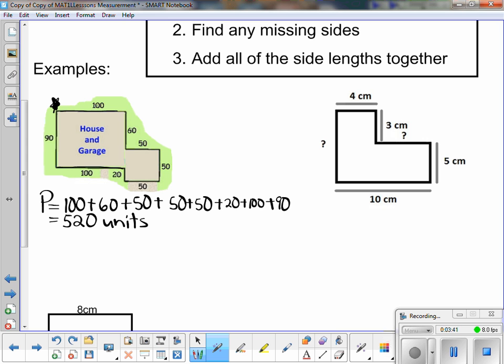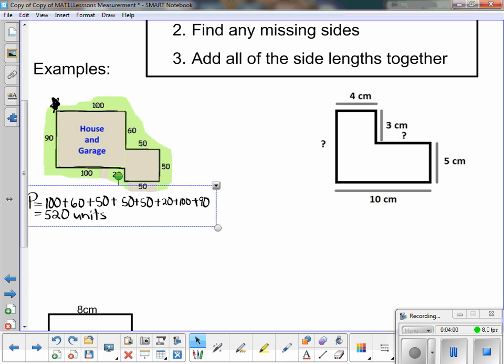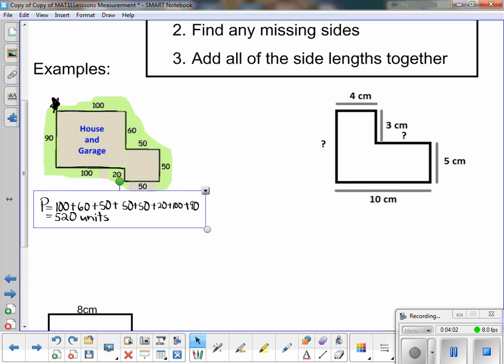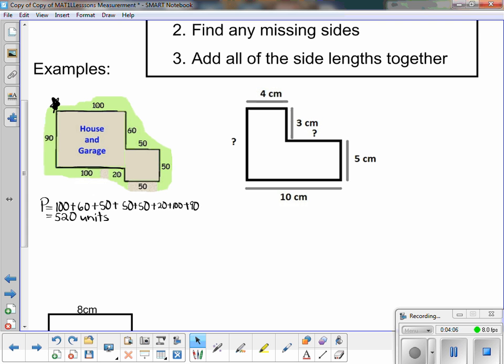Okay, so let's look at our second one, which is to the right of the one we just did. After I finish making a mess, oops, after that goes away, I am just going to make this line a little less long, just so that we can look at this one a little bit closer. Again, the first step says look at the sides.